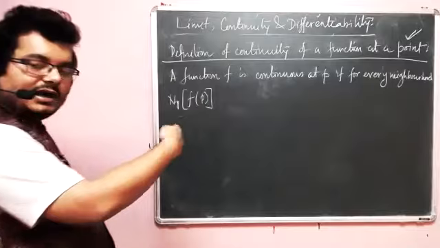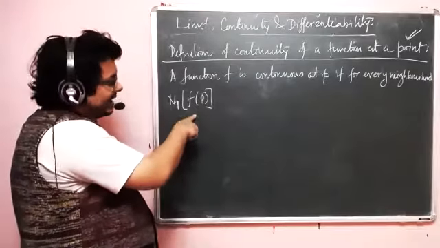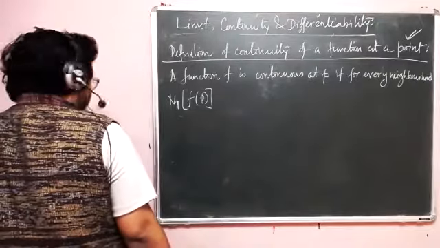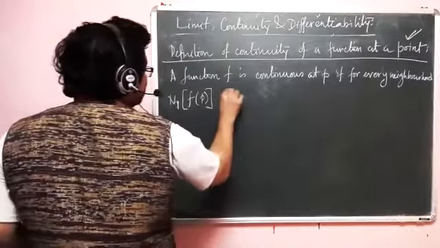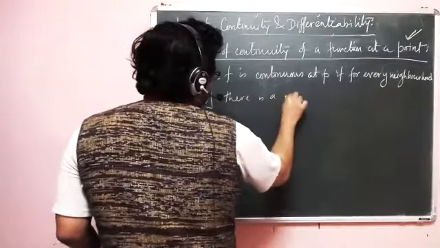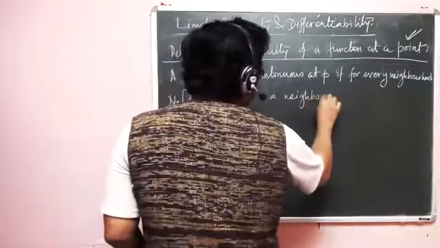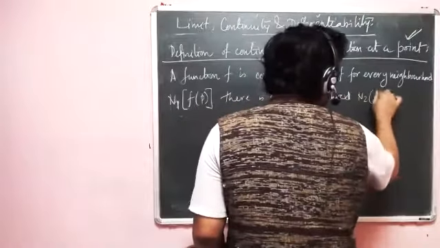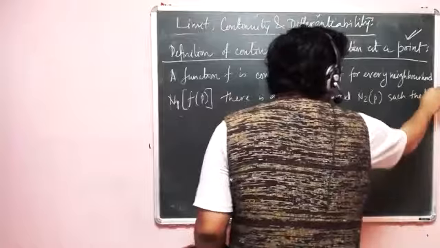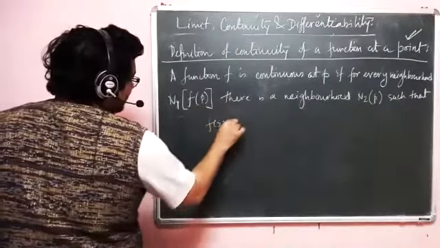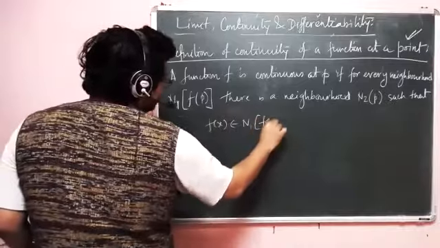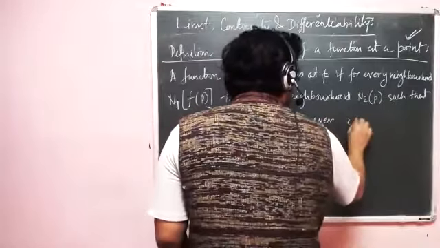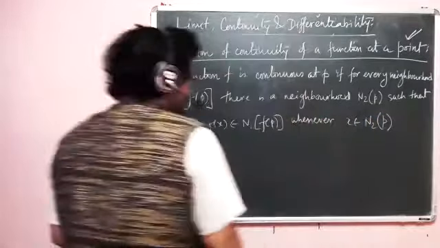Because looking at the earlier form of the definition, I know that this time A has to be f of P. So for every neighborhood n1 of f of P, there is a neighborhood n2 of p such that f of x belongs to n1 of f of P whenever x belongs to n2 of p.